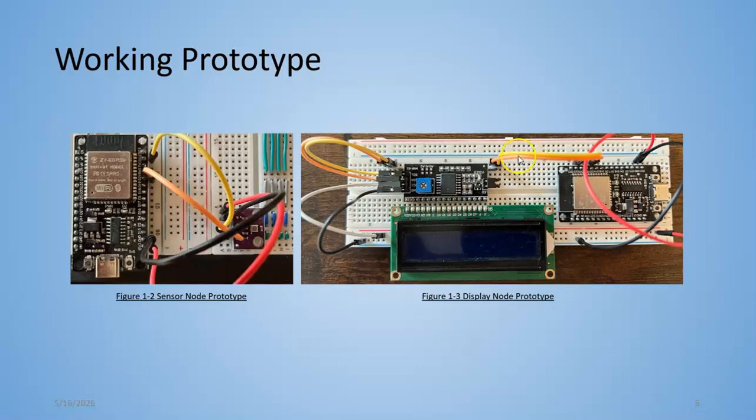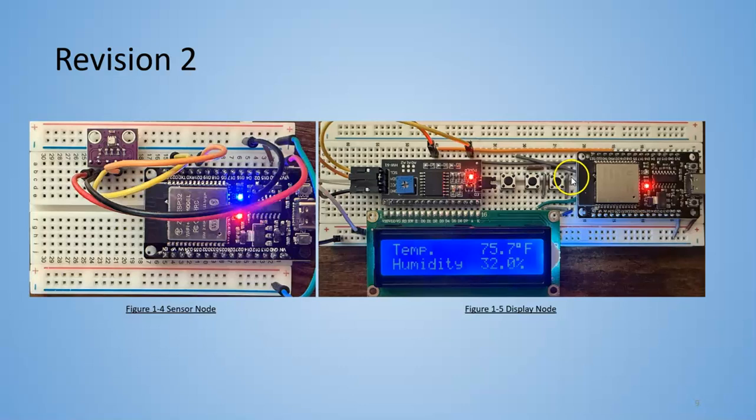The orange and yellow are for the data communication between the LCD screen backpack and the microcontroller, and then the red and black are for voltage and ground respectively. I got rid of those so that these buttons here are more accessible. As well as I slightly changed the format of the LCD screen, the temperature and humidity.